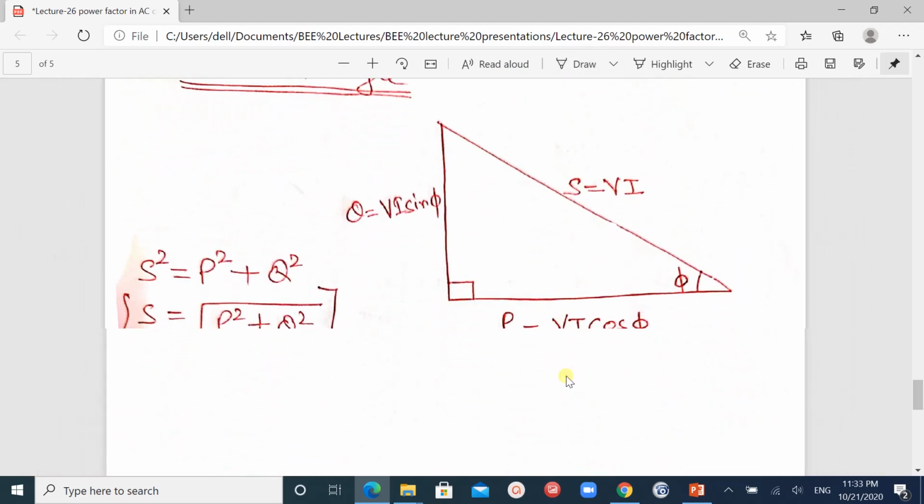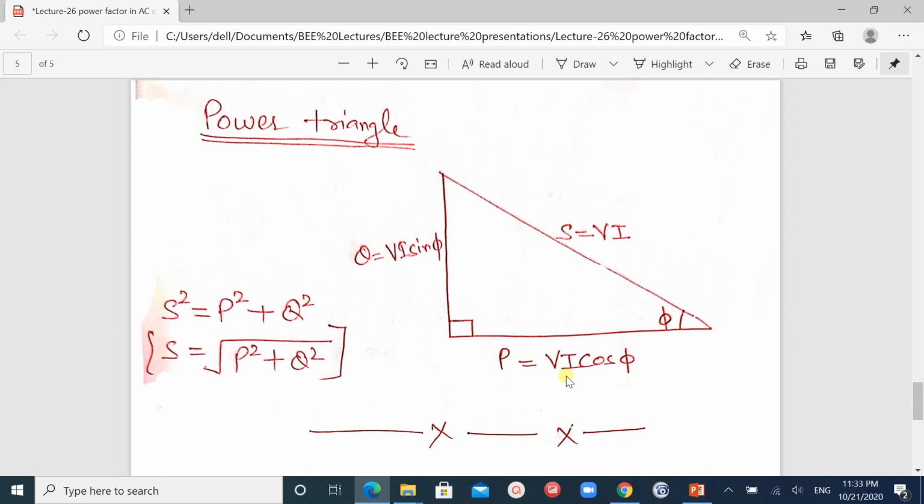This is called the power triangle. On the x-axis we have P equals VI cos phi. On the y-axis we have Q equals VI sin phi, and when we join these two, it will become S equals VI.